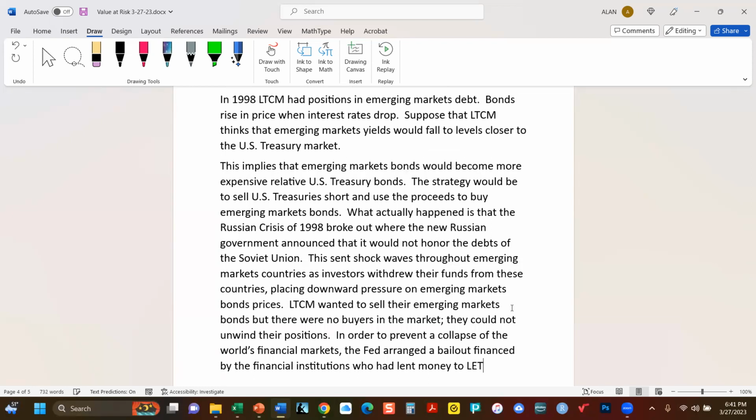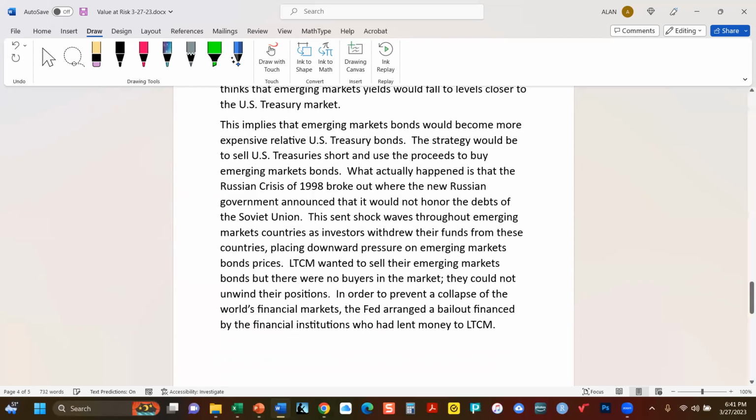Okay, in other words, they were telling the banks, listen, you are partially responsible for this. Therefore, you're going to put up some money and help us bail this thing out. So, of course, LTCM closed its doors because they lost all this money. And they caused quite a panic, as a matter of fact.